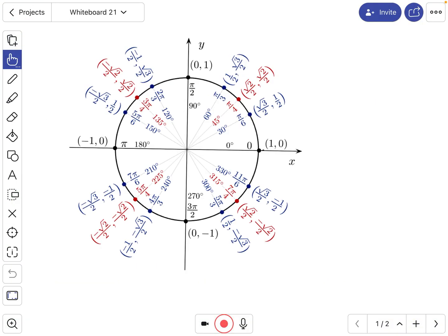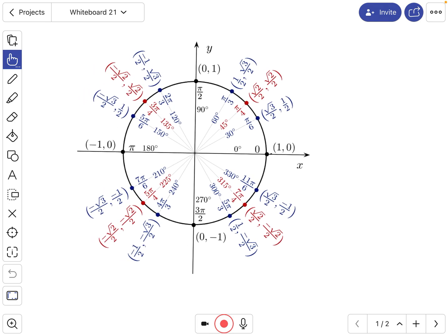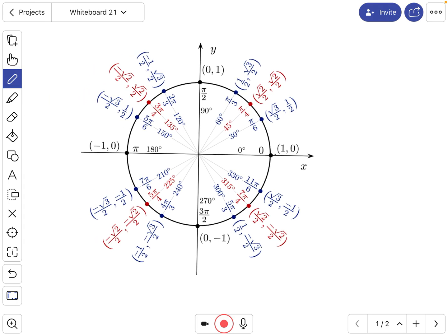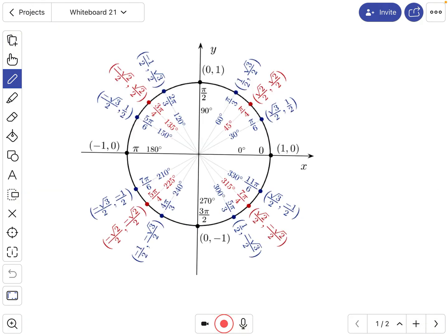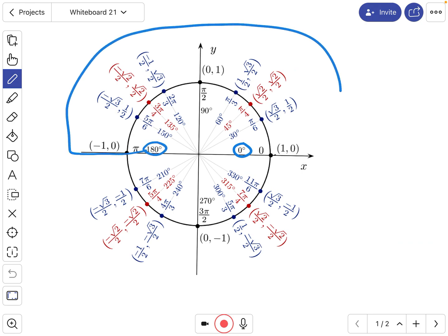Okay, so where's 0? Well, 0 degrees is right here. And where is 180 degrees? Well, 180 degrees is right here. So it's basically talking about within this region here.